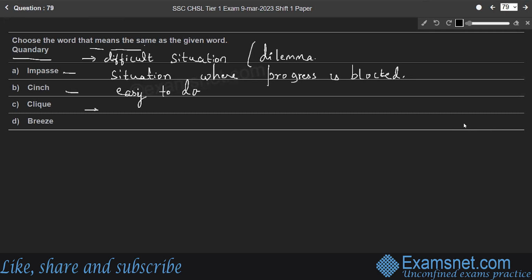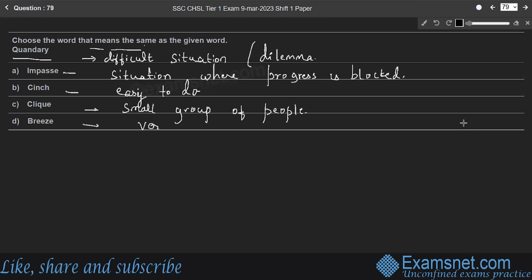Whereas clique refers to a small group of people who are often seen as exclusive, right? So here it's a small group of people. Whereas the last one, breeze, is something that is very easy or effortless to do.